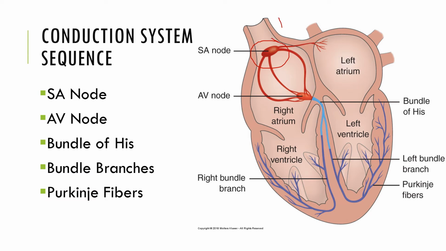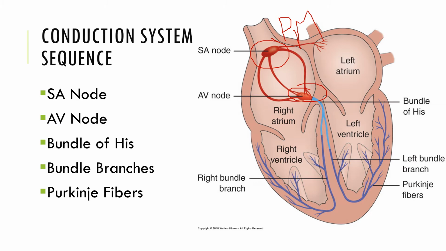Pacemaker of the heart. This initiates the electrical impulse and keeps the heart rate around 60 to 100. Next, you have your AV node. AV node is found at the bottom of the right atrium.